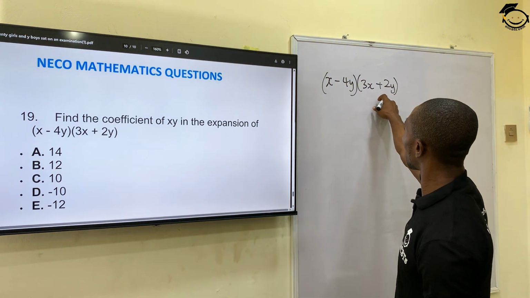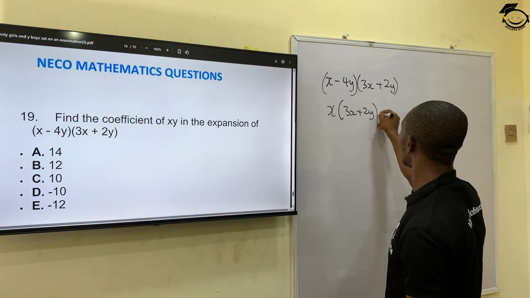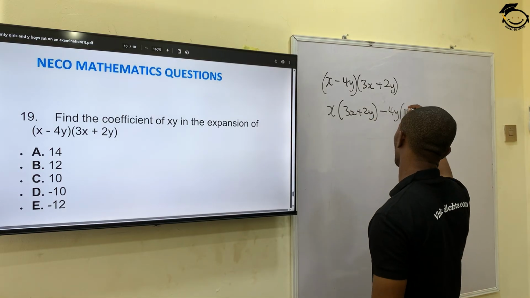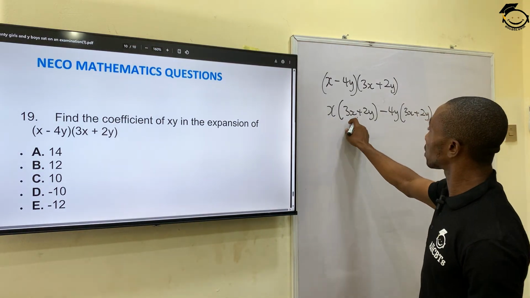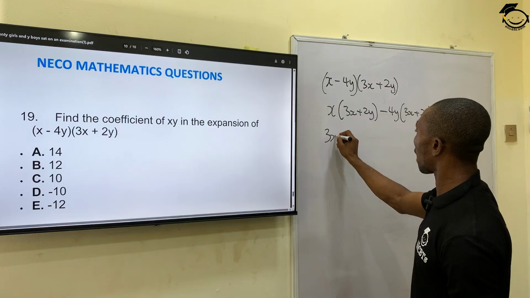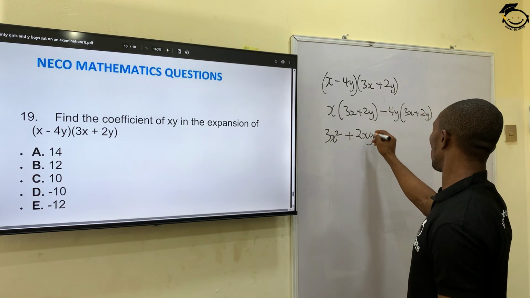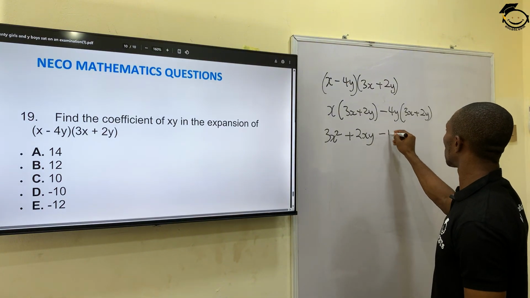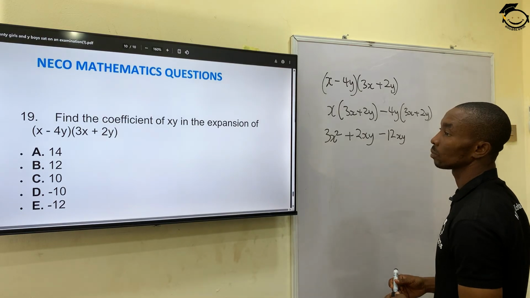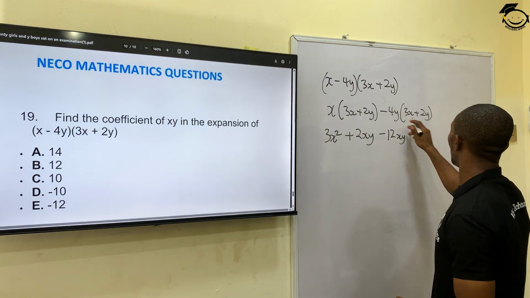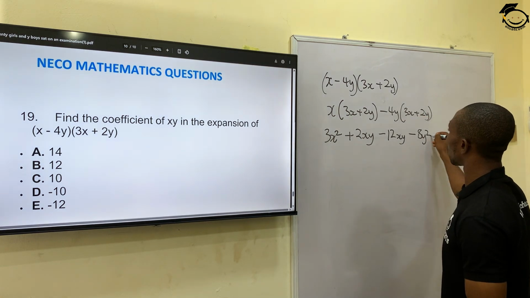Using this to multiply this, we're having x(3x plus 2y) minus 4y(3x plus 2y). 3x times x will give us 3x squared plus 2xy minus 12xy, plus minus times plus minus, 4 times 2, 8y squared.